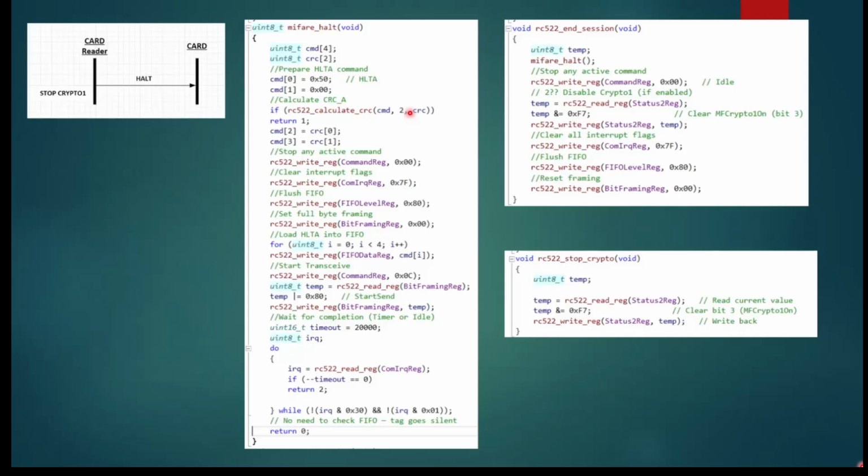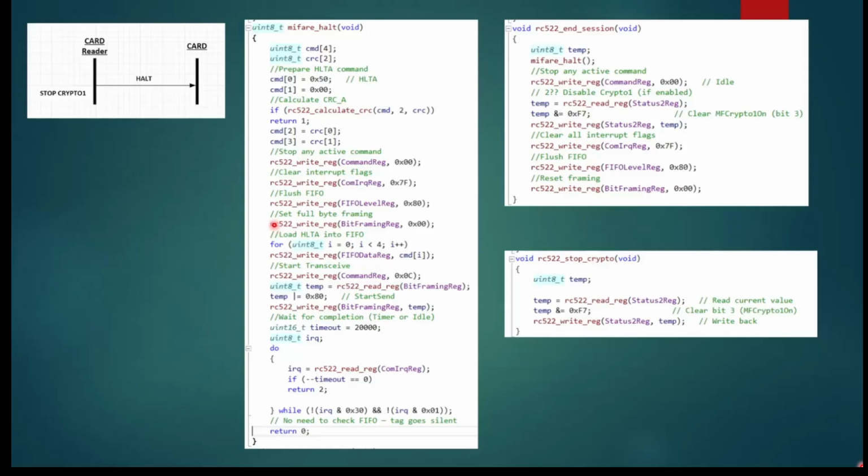So we call the CRC, and we get CRC0 and CRC1, the most significant and least significant parts of the CRC. Next, we're going to do our housekeeping. We stop every command, we clear all the interrupt registers, and we flush the FIFO.